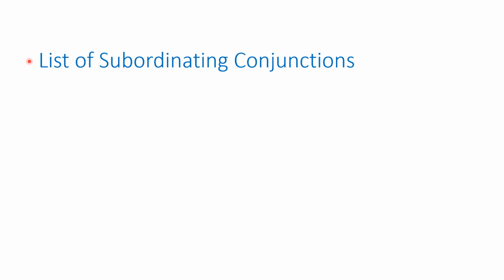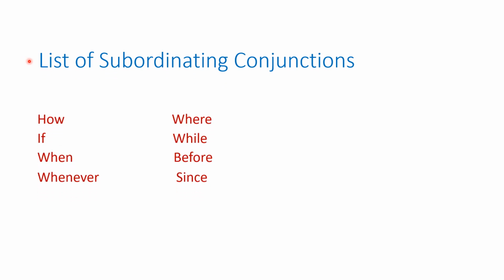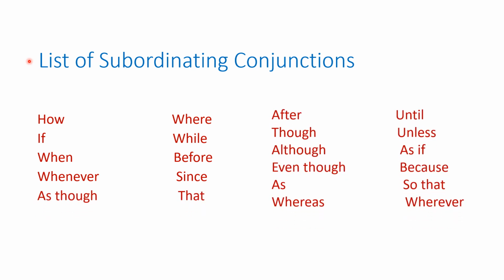List of subordinating conjunctions. We know that a complex sentence always has a subordinating conjunction. A complex sentence joins a main clause to one or more dependent or subordinate clauses.